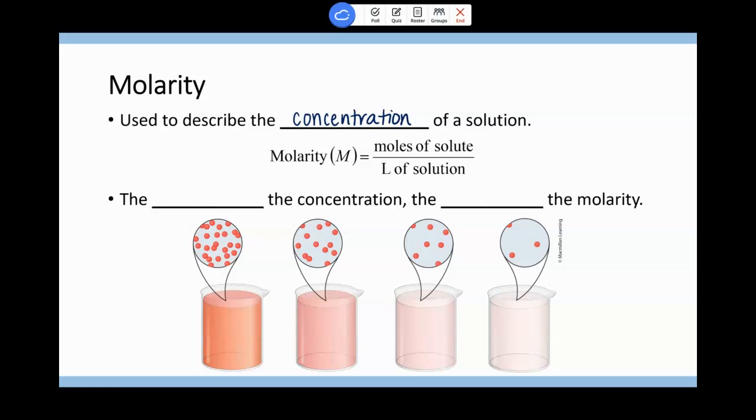And molarity is calculated by dividing the moles of the solute, the thing that's dissolved, by the total volume in liters of the solution. So if we have a higher concentration, that means we have a higher value for the moles of solute per volume. So we have a higher concentration, we have a higher molarity.